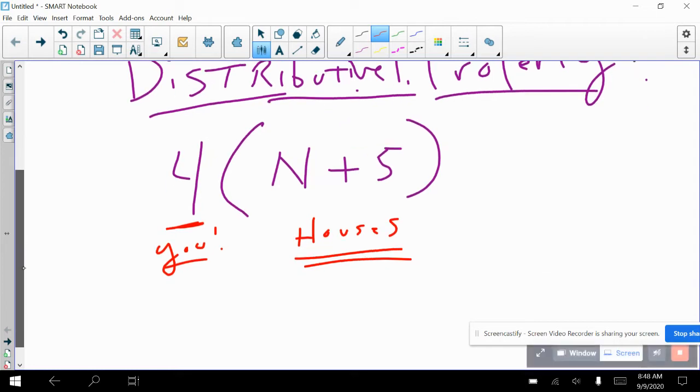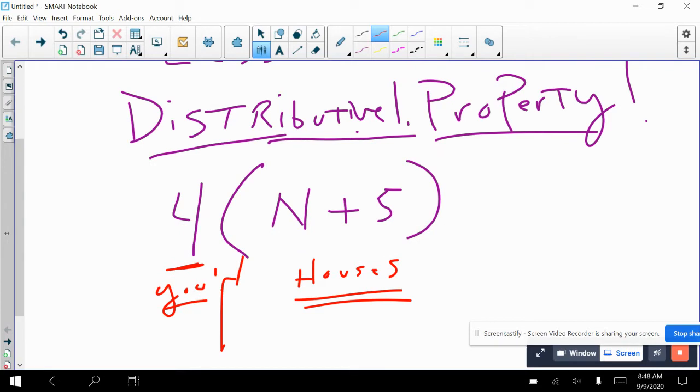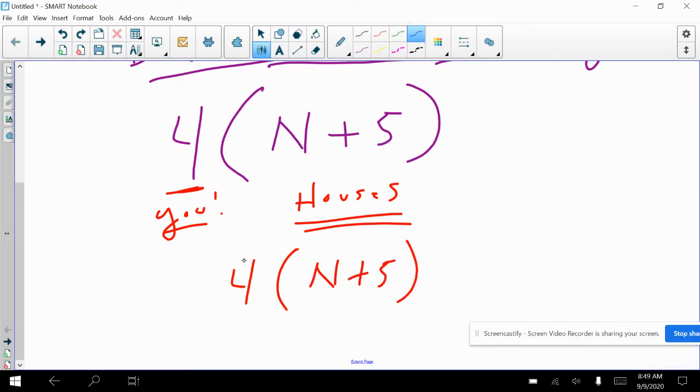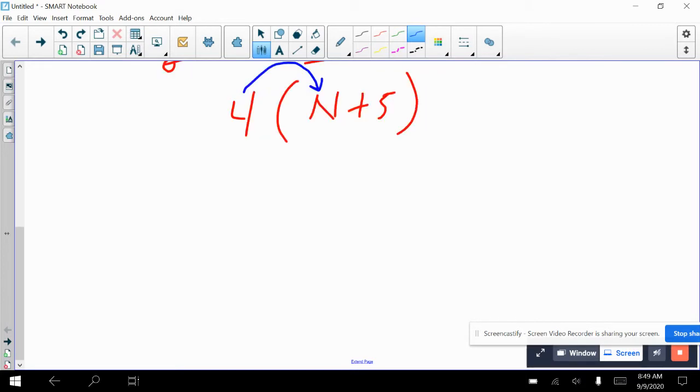Meaning, let me rewrite this. Okay, so the distributive property simply means you have to go to each house.